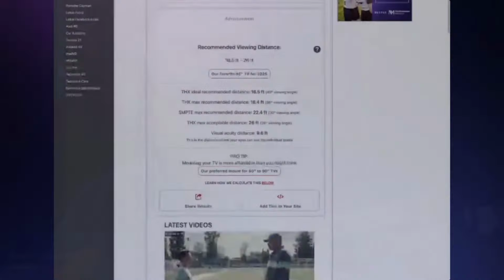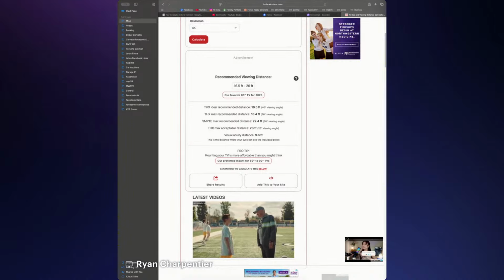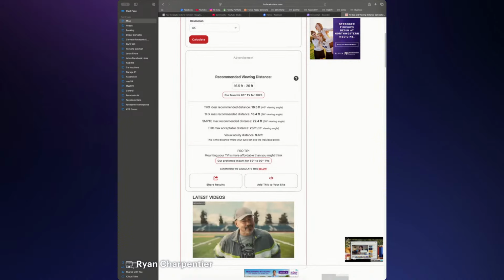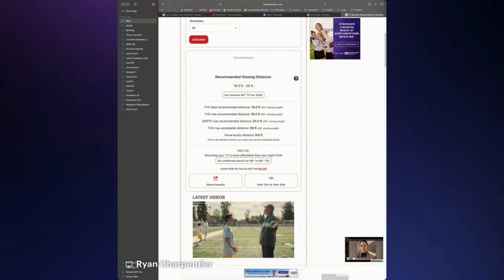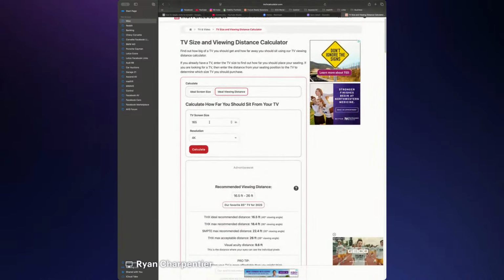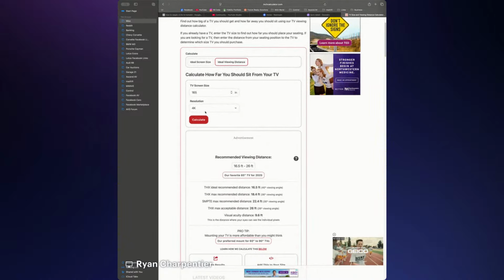Let's look at a viewing distance calculator. This is just a random one, but it says it's got the recommendations in chat. If you guys have one that is more accurate than this, I am fully open to sharing it. But this is a viewing distance calculator. So I gave it my screen size, 165 inches at 4K.